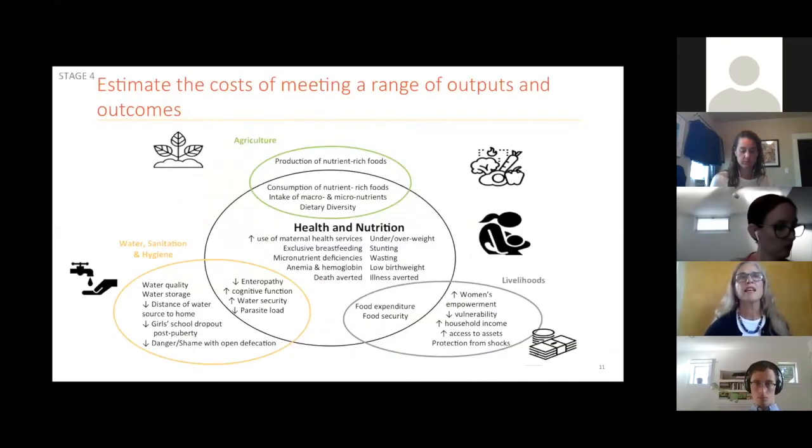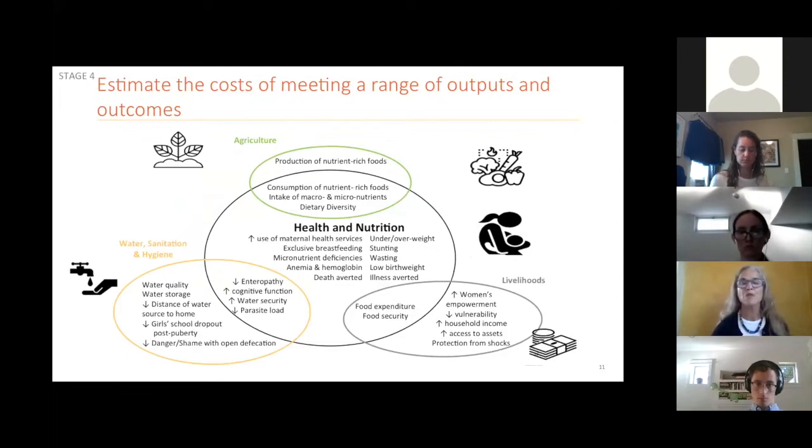The next stage in our framework is understanding the cost associated with meeting a range of outputs and outcomes. So depending on the sectors represented, we would choose these outcomes and outputs from a large list of potential benefits of multisectoral nutrition programs.